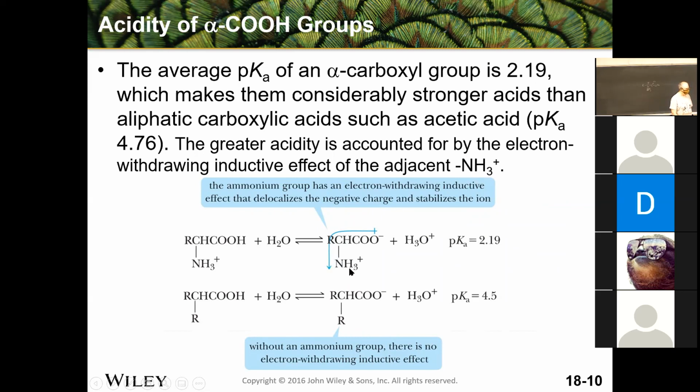Okay, since nitrogen has a plus charge, it's going to pull electrons, and that will help stabilize this anion. Okay, without that amino group, we don't have that inductive stabilization. Okay, so this is a difference of roughly 2 pKa units, so that means this is about 100 times stronger.